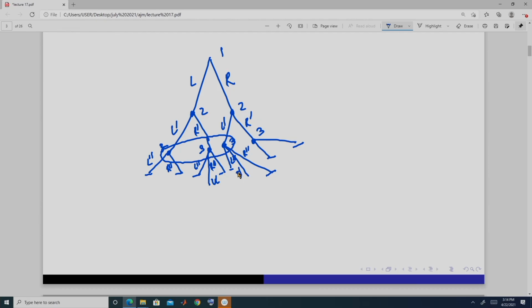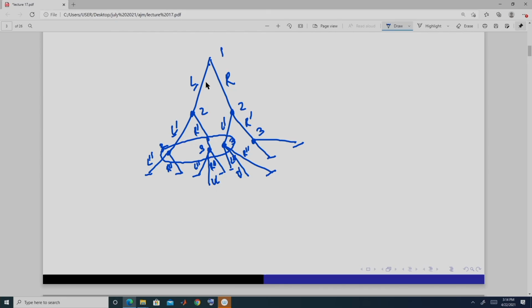So, each node has a different set of actions. In this node it has L double dash, R double dash. In this node it has L double dash, R double dash, and U dash. In this node it has L double dash, R double dash, and D dash. If player 1 has chosen this action and player 2 has chosen this action, then the game is here, and player 3 has not observed this action.